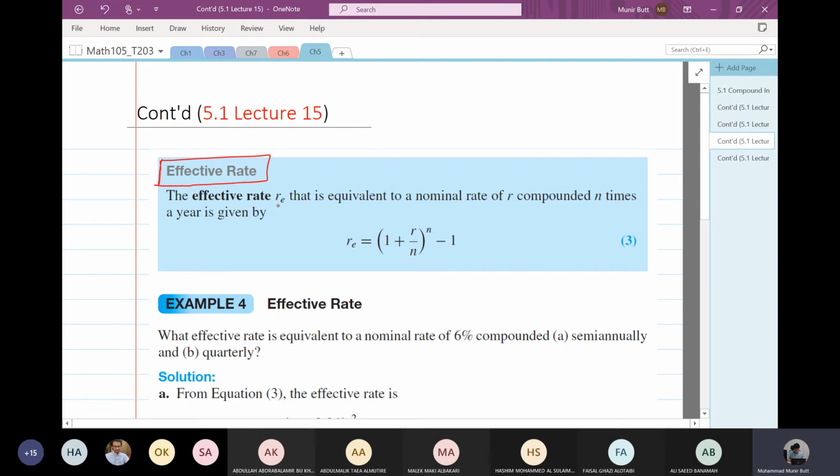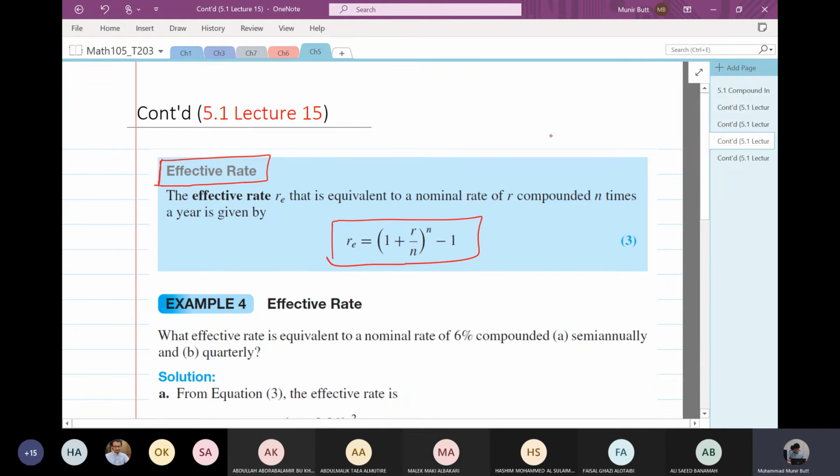So the effective rate R that is equivalent to the nominal rate of R compounded n times a year is given by this. So what is the change here? If you want to see how this formula has been developed, then please see the book. This is just one line.